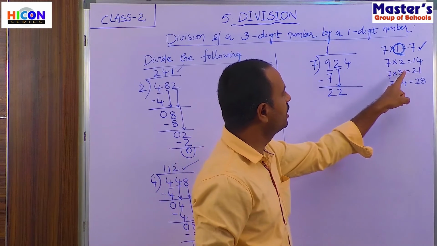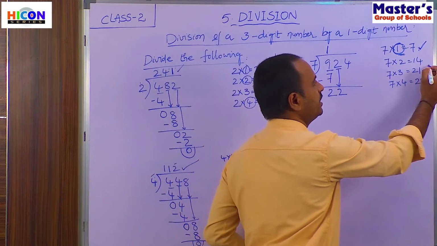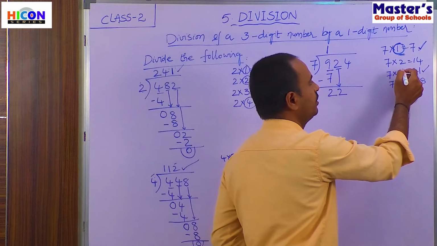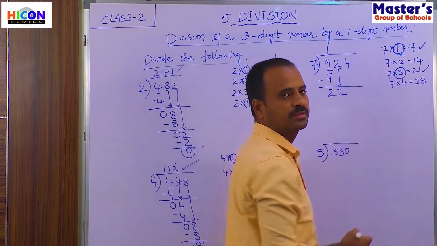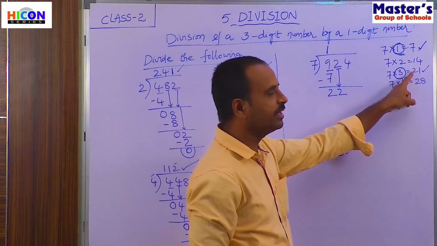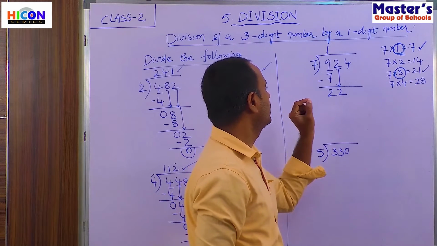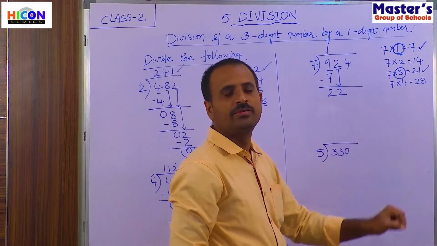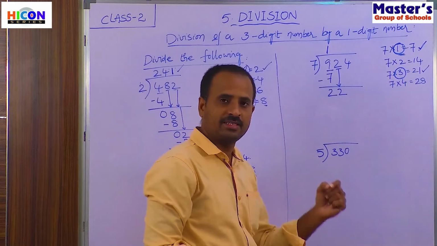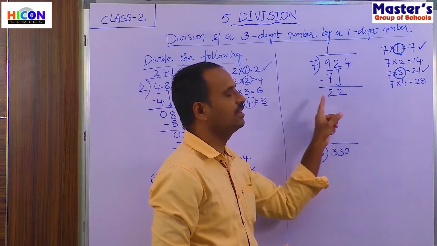So when does the number 21 come in the 7th table? 21 comes in the 7th table if you take 3 times. So if you take 3 times, we get the number 21, which is just less than 22. If the number did not come in the table, we have to take the number which is just less than that number.